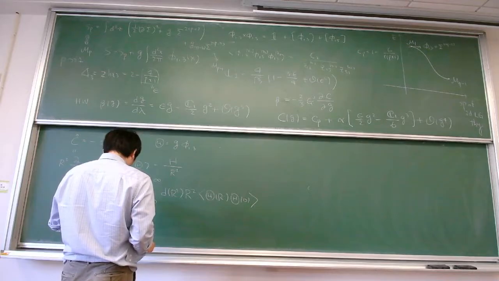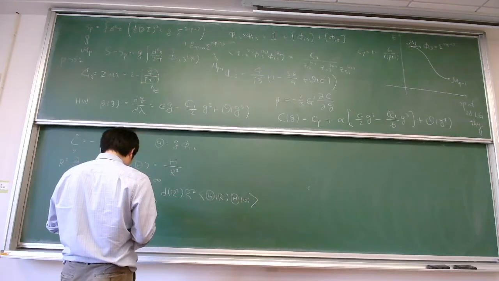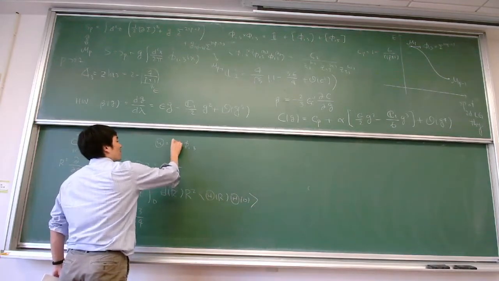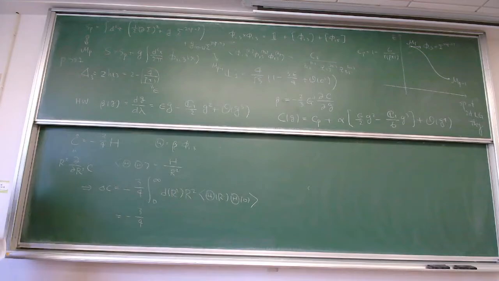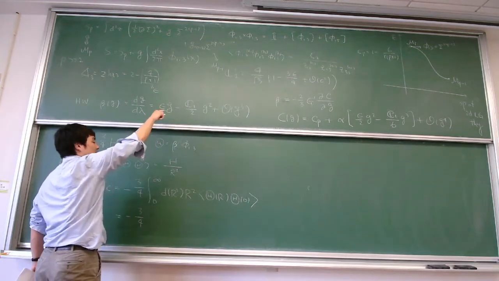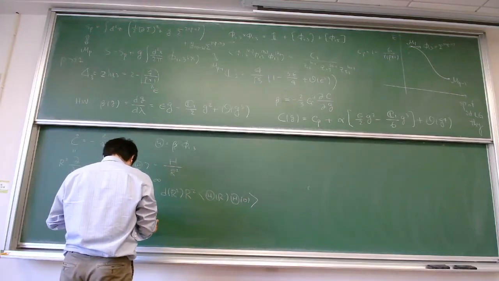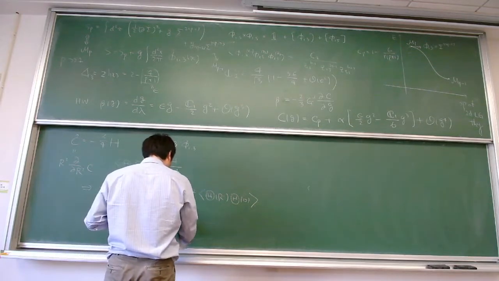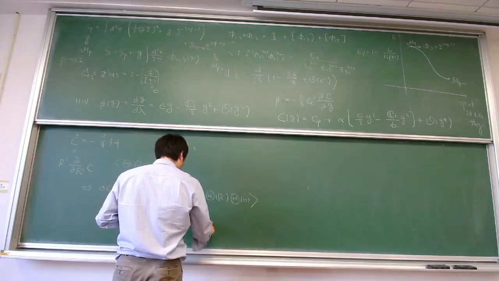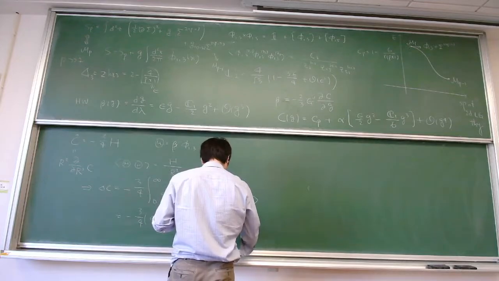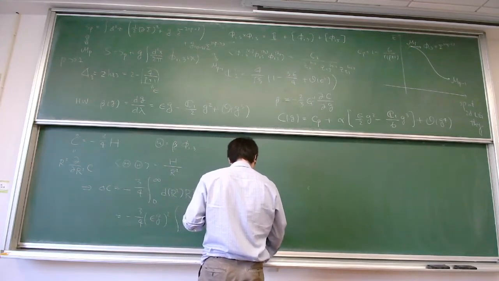Why is there an epsilon appearing here? Oh, sorry. This is beta. Sorry, beta times phi 1,3. So beta is indeed, the leading term is epsilon G. So therefore this is equal to epsilon G squared dR R squared, and then phi 1,3 of R and phi 1,3 of 0.